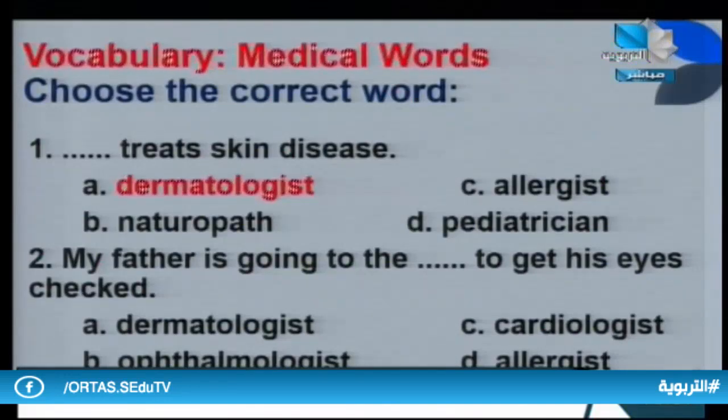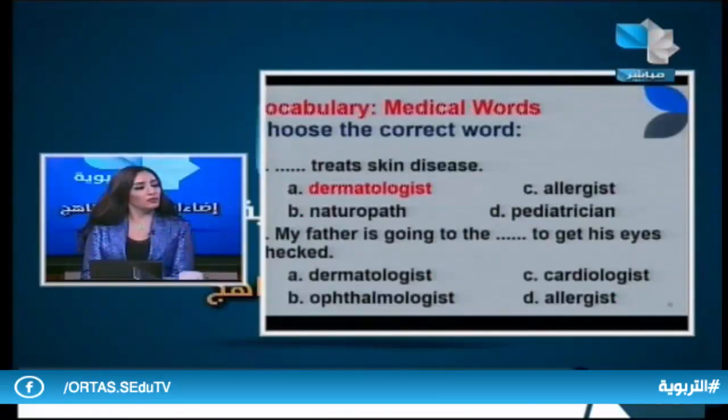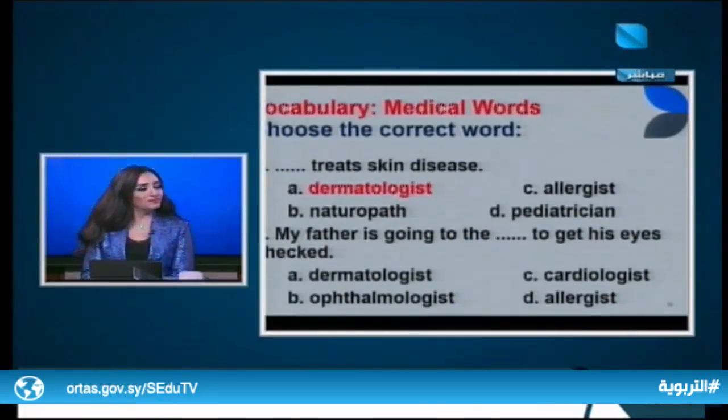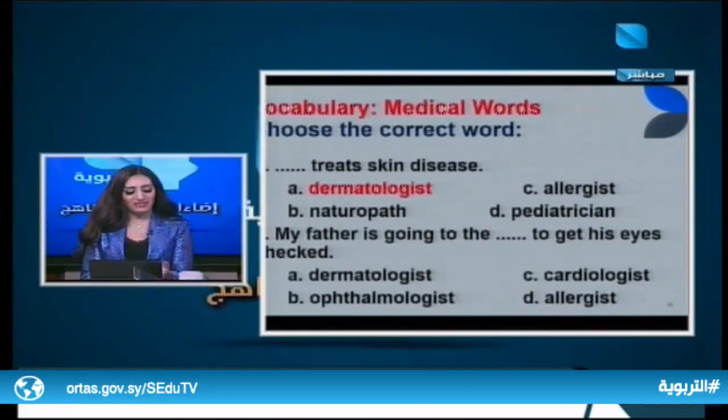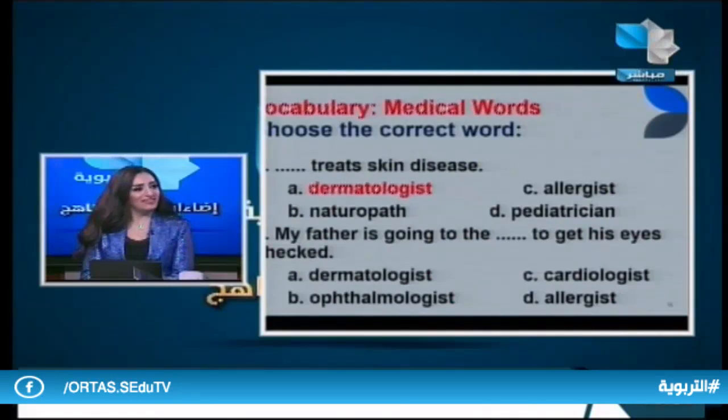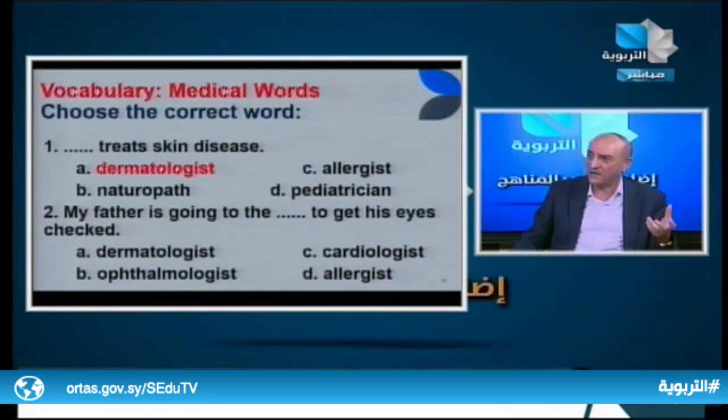Good. Number 2, my father is going to the specialist to get his eyes checked. Of course, we don't go to the dermatologist to check our eyes. We go to someone else. Is it the cardiologist or the ophthalmologist or the allergist?